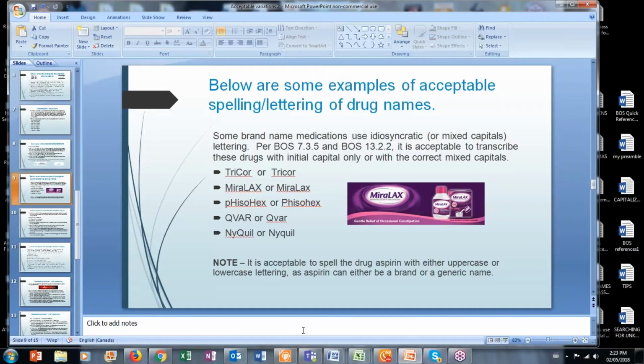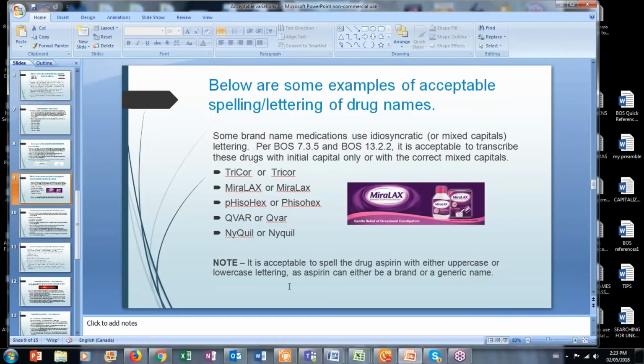It is acceptable to transcribe these drugs with the correct mixed capitals or without. Here are some examples like Tricor, Miralax, Visohex, Qvar, NyQuil, any one of those, and there's a bunch of others out there too. So if you see them mixed like that, then they're acceptable.